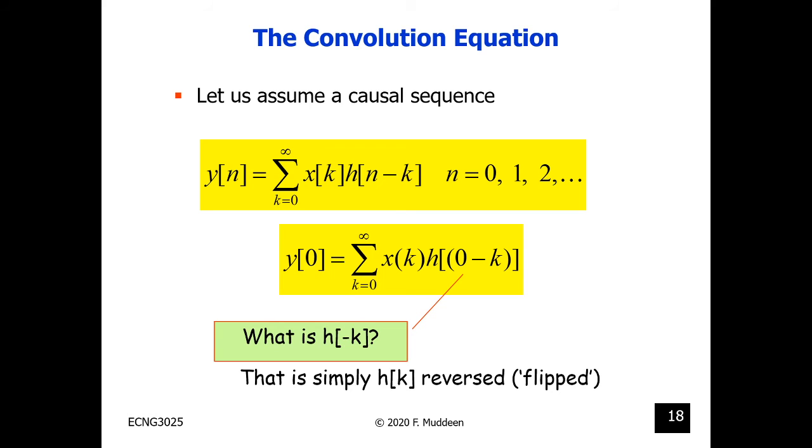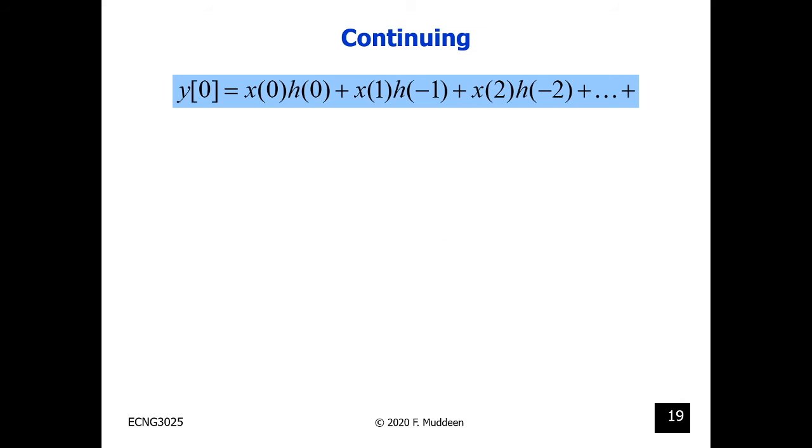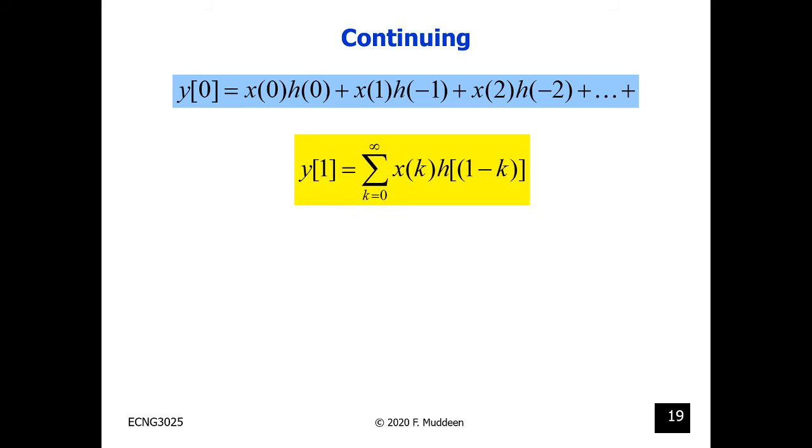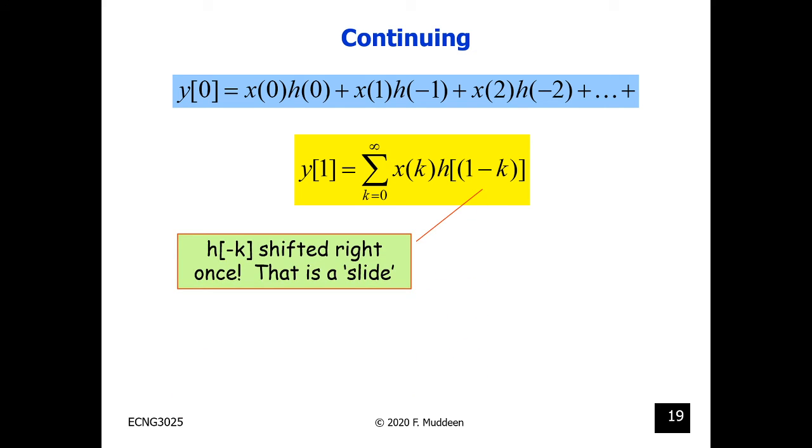So continuing the expansion here as we go along for y of 0, we'll end up getting y of 0 is equal to x0 h0 plus x1 h of minus 1 plus x2 h of minus 2, and we can keep on going as such. If we try to solve for y of 1 here accordingly, now because we have h of 1 minus k, this is actually where we have a slide in the signal.